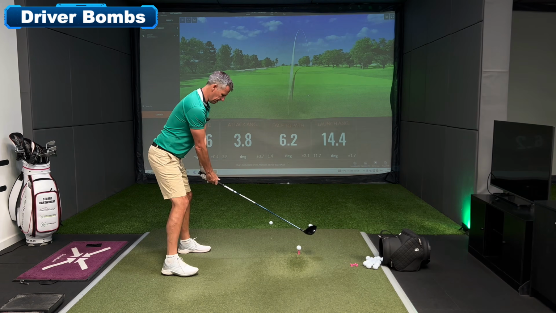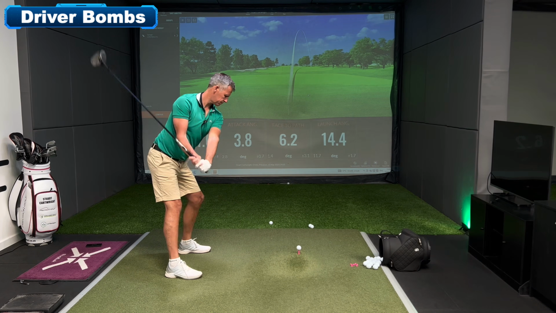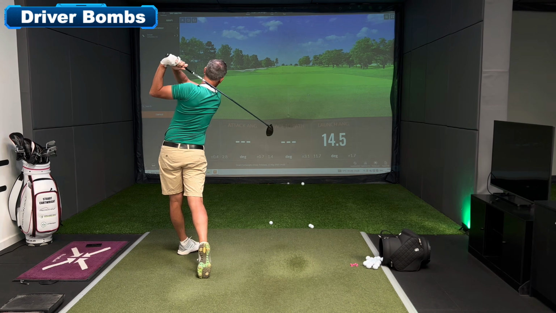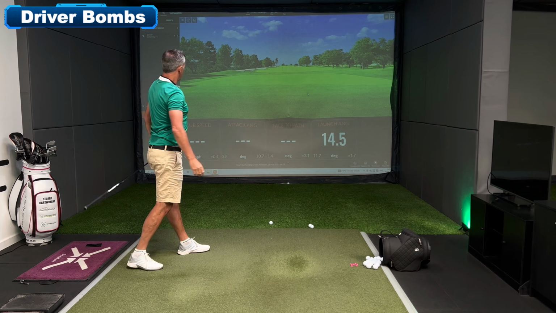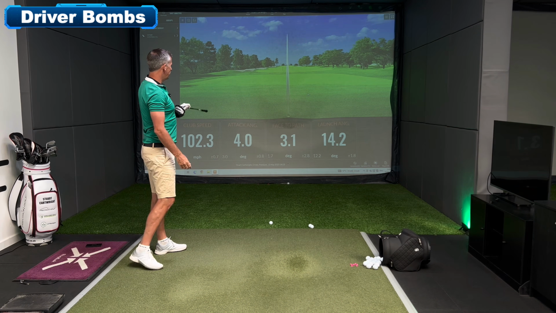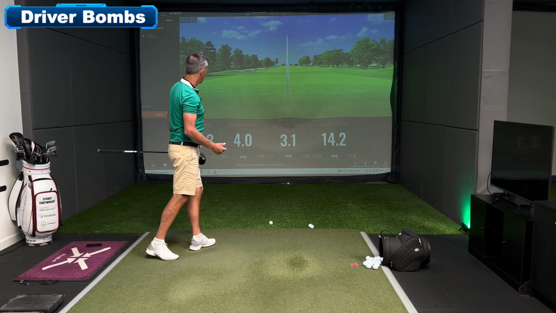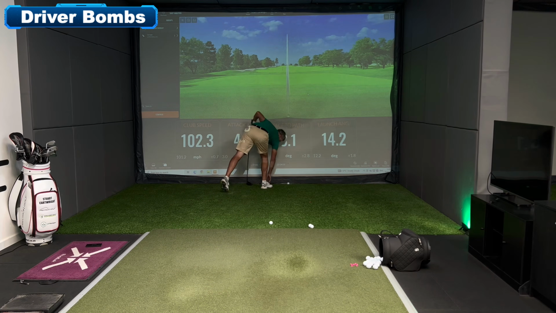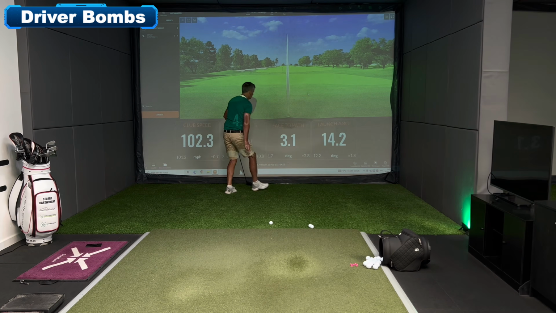So let's have another go at that. So that was much closer. So hit up at 4 degrees. But already you can see how much more launch angle I've got.